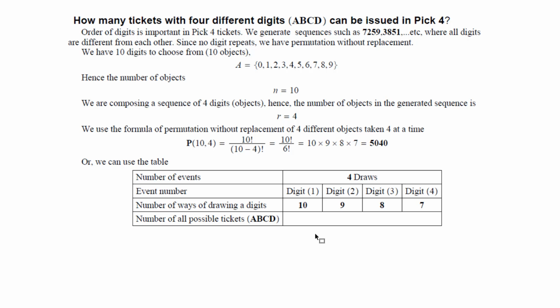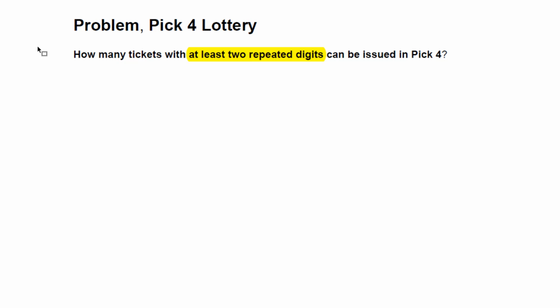So according to the multiplication principle, the number of all possible tickets of the form A, B, C, D is again 5040 tickets. Now, how many tickets with at least 2 repeated digits can be issued in Big 4?